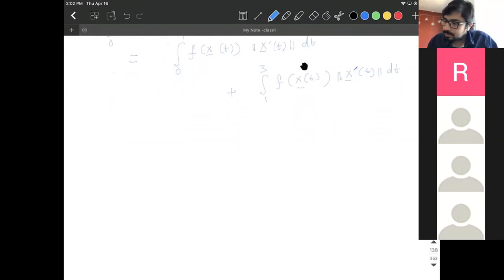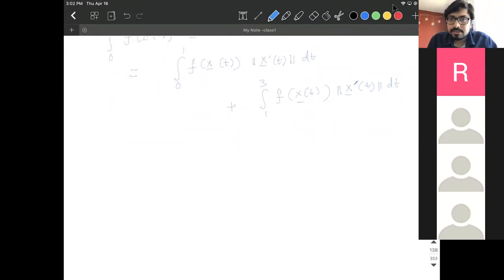Now one has to take care of this x prime(t) also. So x prime(t) also has two parts. So this is (2, 1) in this interval, right?